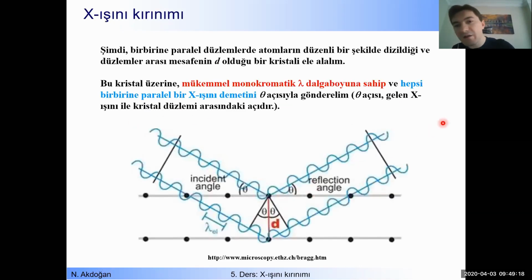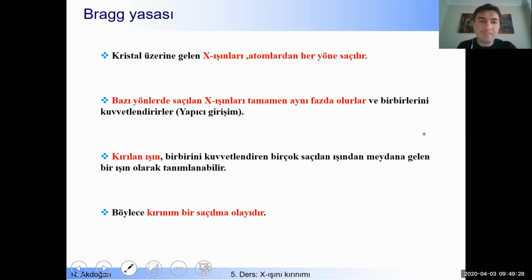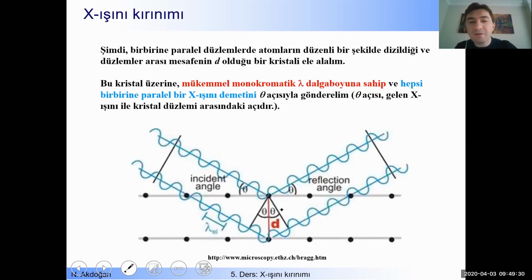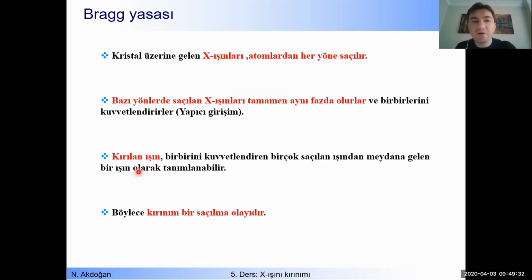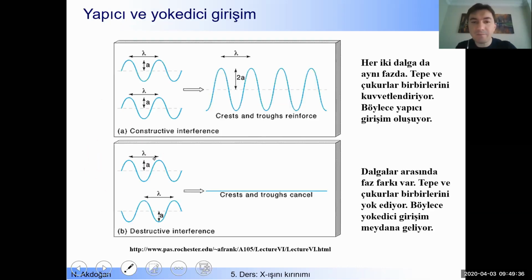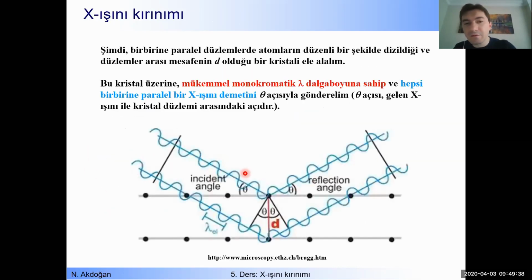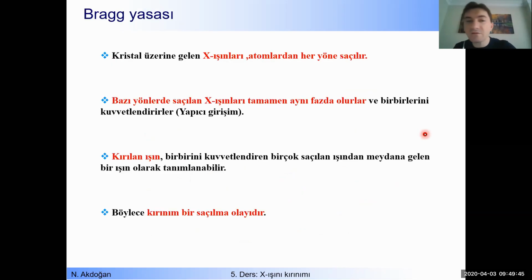Okay, here we have some scattered X-rays. They are in the same direction and they reinforce each other. I will talk about what reinforcing each other means. The term diffracted beam can be considered as many X-rays reinforcing each other in a certain direction.